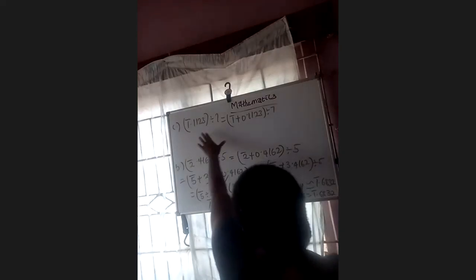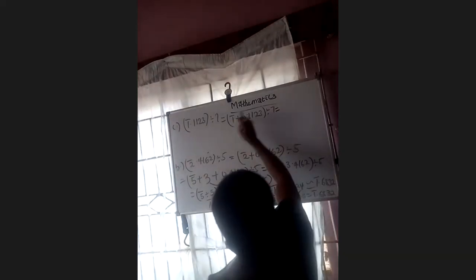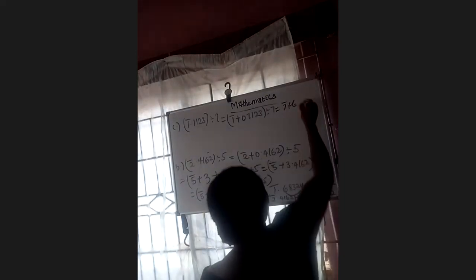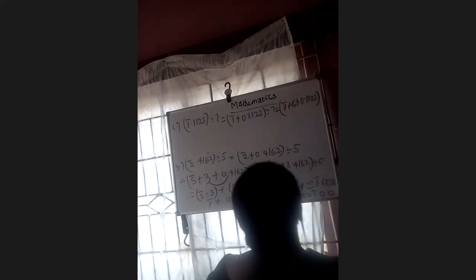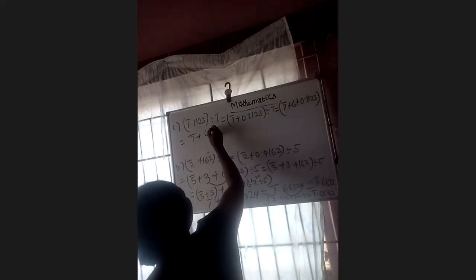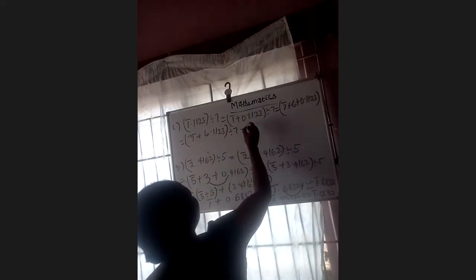This is the same thing as this, divided by 7. So we want to write this in terms of 7. Instead of bar 1, we have bar 7 plus 6, because minus 7 plus 6 is minus 1, plus 0.1123. So this is the same thing as bar 7 plus 6.1123 divided by 7.